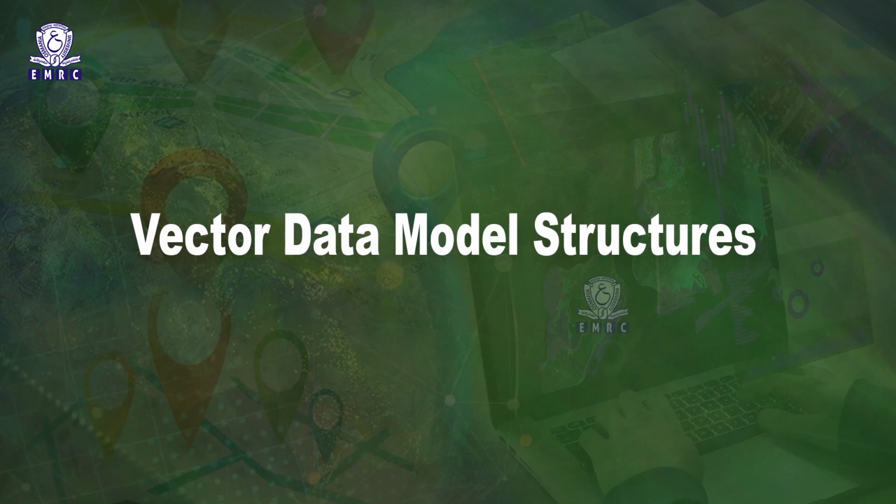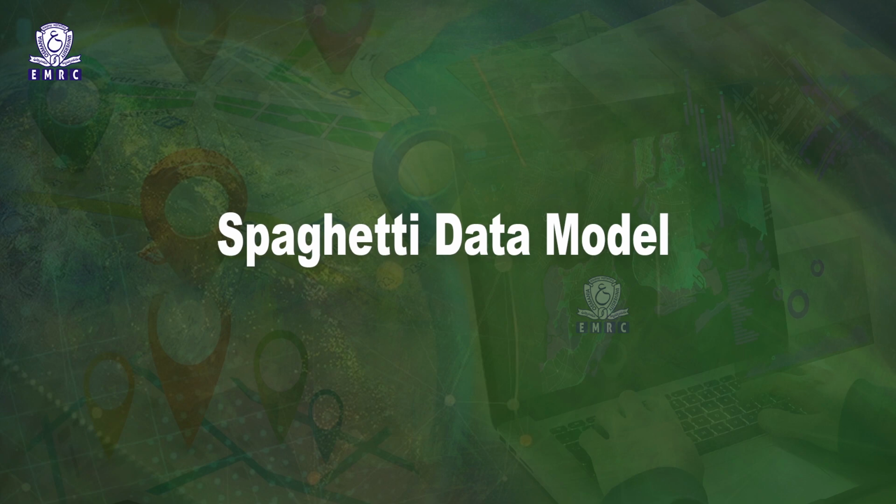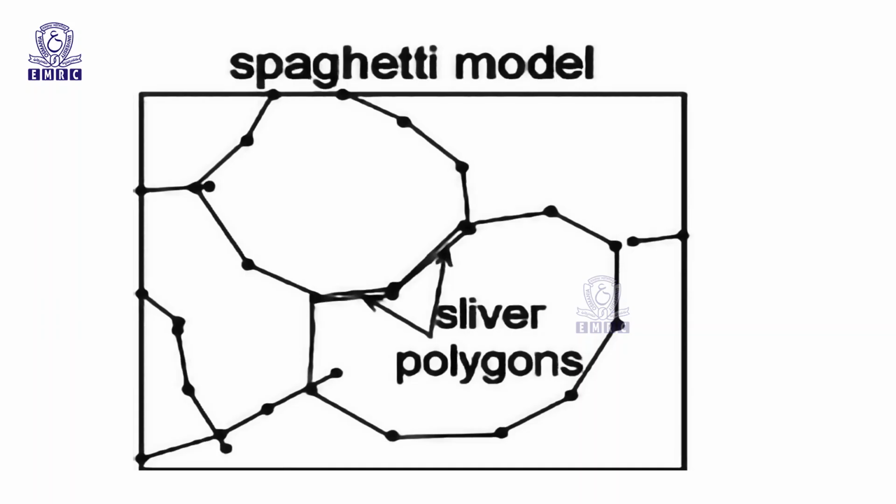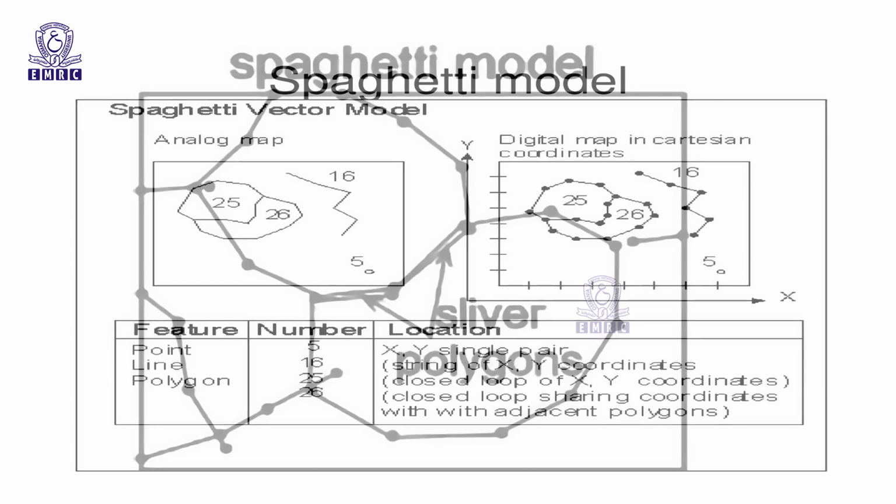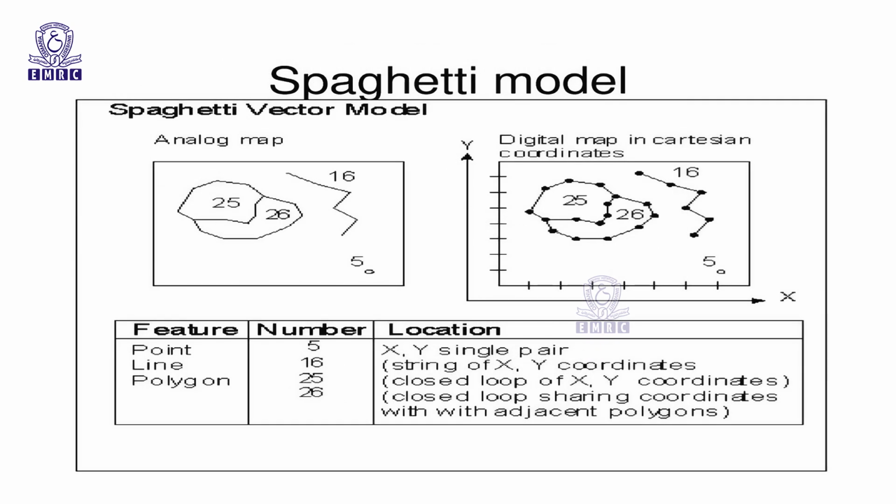Vector data model structures. Vector data models can be structured in many different ways. The simplest vector data structure is called the spaghetti data model. In the spaghetti model, each point, line or polygon feature is represented by a string of x and y coordinate pairs, or as a single x and y coordinate pair in the case of a vector image with a single point, with no inherent structure.